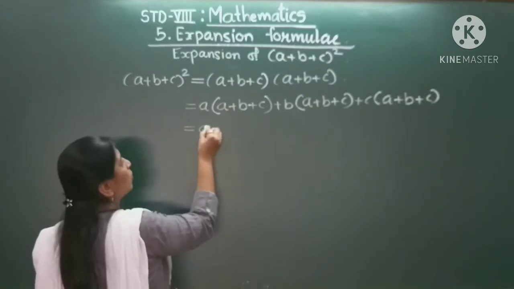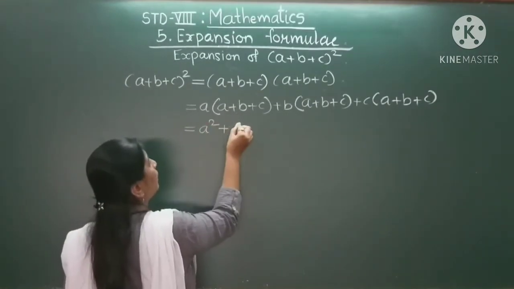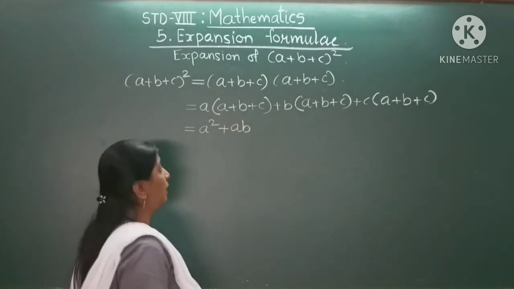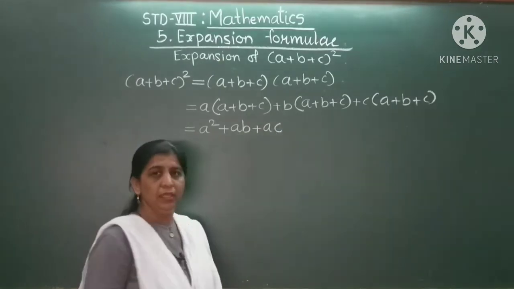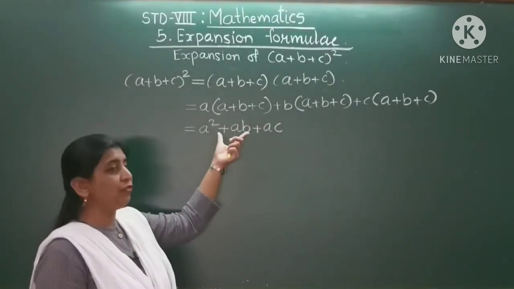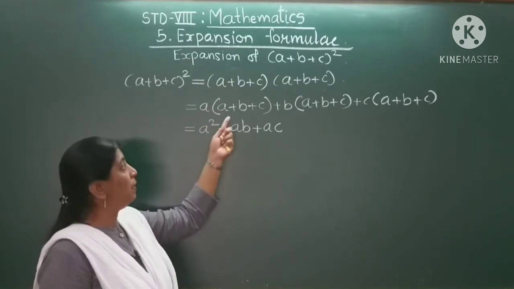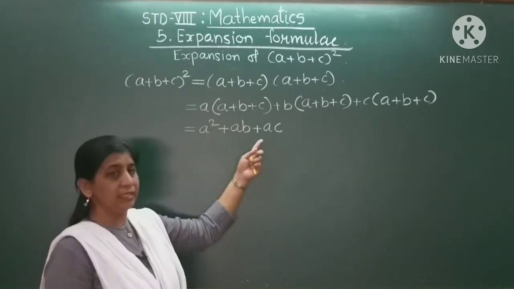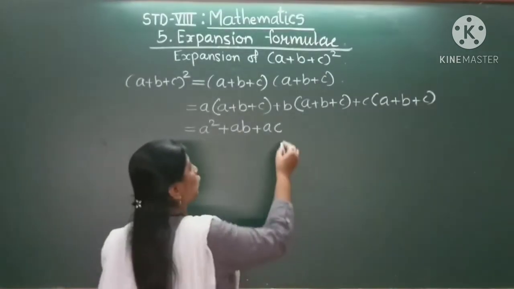So a into a gives me a square, plus a into b gives me ab, plus a into c gives me ac. So this is the first bracket which we have solved. I am repeating again, a into a is a square plus ab plus ac. In the same way we are going to multiply the remaining two brackets.